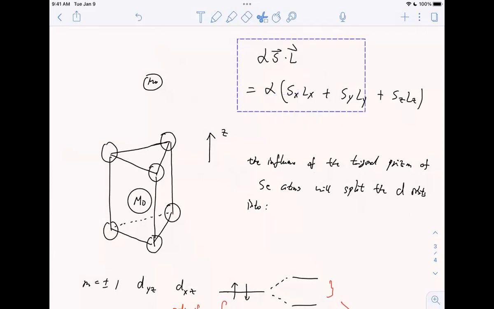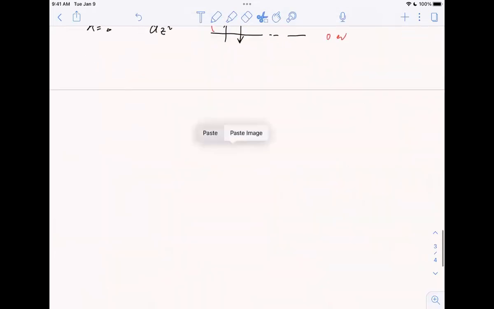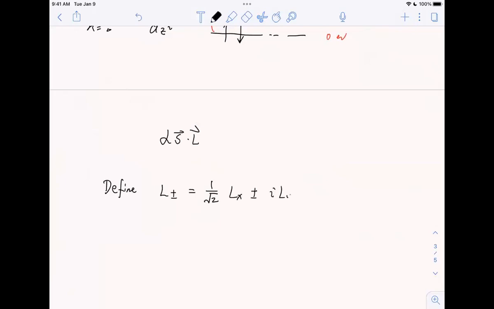Okay. So let's change this into a different way. So let's define the raising operator Lx plus and minus i Ly, and the spin raising operator Sx plus and minus i Sy.